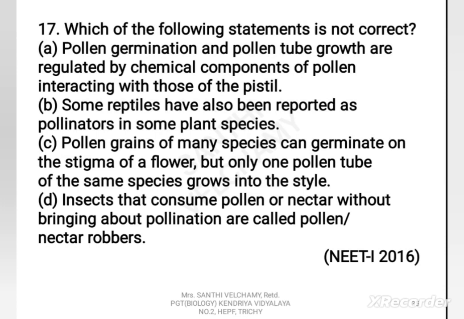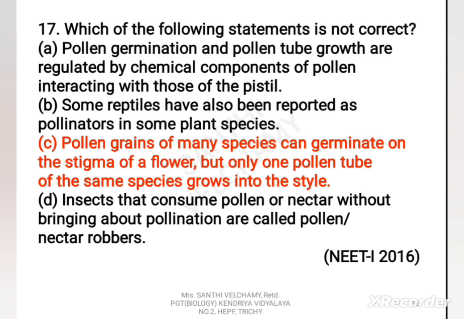C. Pollen grains of many species can germinate on the stigma of a flower, but only one pollen tube of the same species grows into the style. D. Insects that consume pollen or nectar without bringing about pollination are called pollen or nectar robbers. Now the correct answer is C.